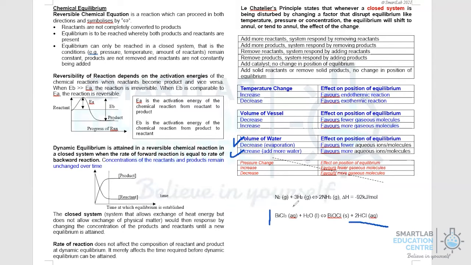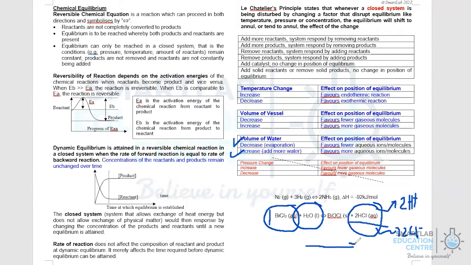In this reaction, you have one aqueous molecule and a water molecule that combine to give you 2 HCl molecules, but the HCl is in fact hydrochloric acid, which will further break down into 2H+ and 2Cl-, since it is a strong acid. Therefore, by adding more water, the position of equilibrium will shift forward or towards the right. The reason is that it favors more aqueous ions or molecules.